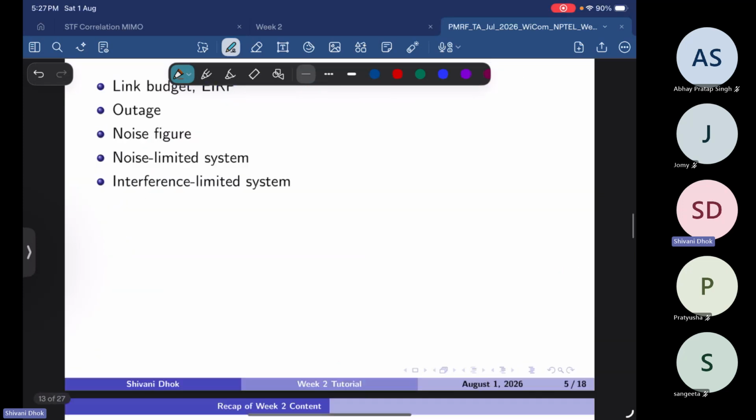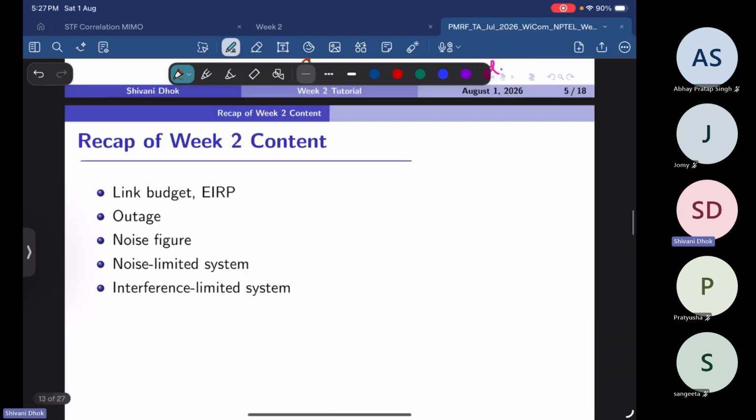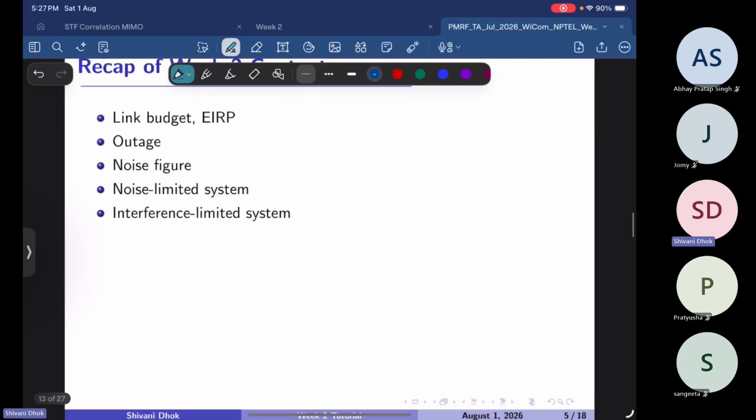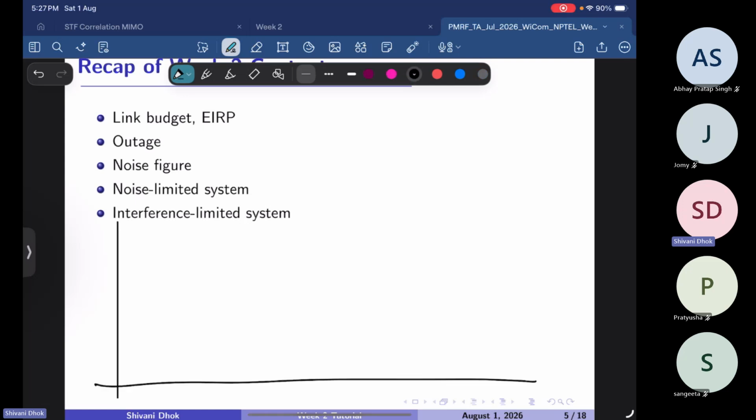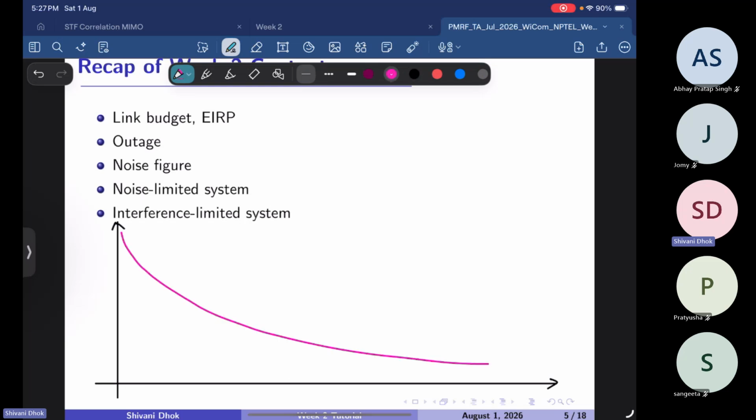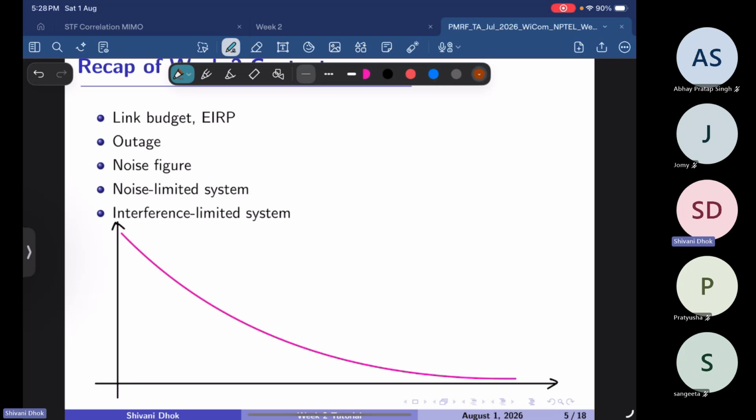And there is another kind of system which is the interference limited system. In an interference limited system, we have one more base station which is transmitting on the same frequency. So we had the previous system which was transmitting and its signal was decaying, and then we'll have another system located far away, and its signal strength will be something like this.